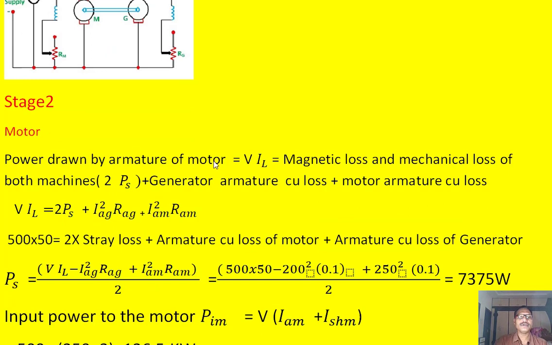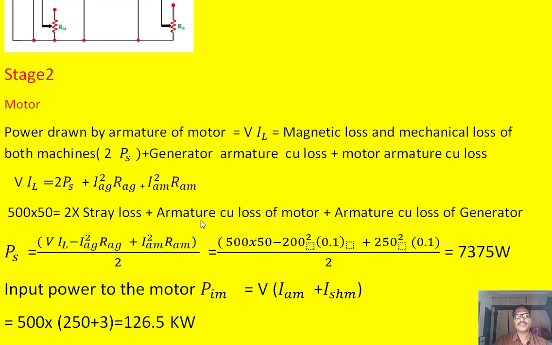So we can write V into IL is equal to 2 into PS, where 2 PS is the stray loss of the two machines, plus IAG square into RAG. IAG is the armature current of the generator and RAG is the armature resistance of the generator, so IAG square into RAG gives the armature copper loss of the generator, plus IAM square into RAM.